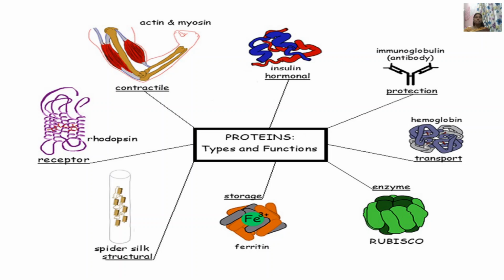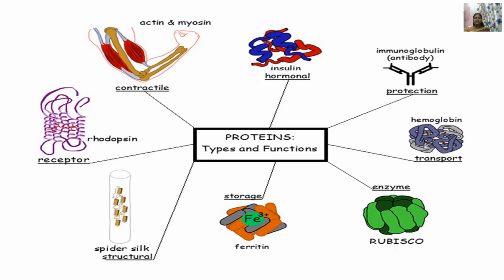Proteins perform the function of contractile proteins, for example actin and myosin. Proteins also function as hormones, for example insulin, which has a role in regulation of blood glucose level. Proteins also provide protection against infection; you have heard of immunoglobulins.